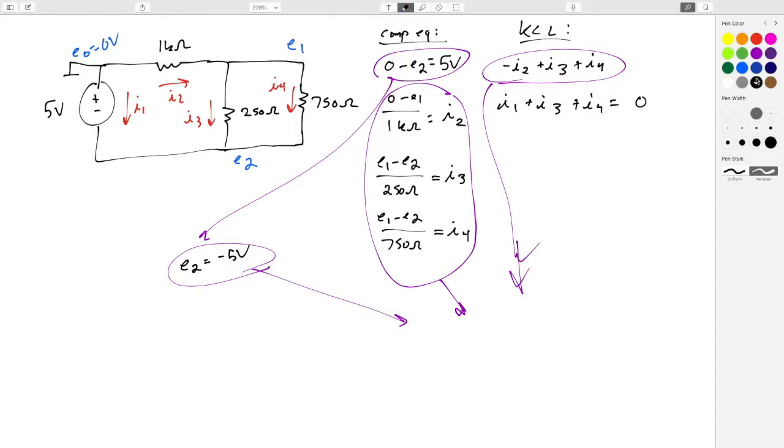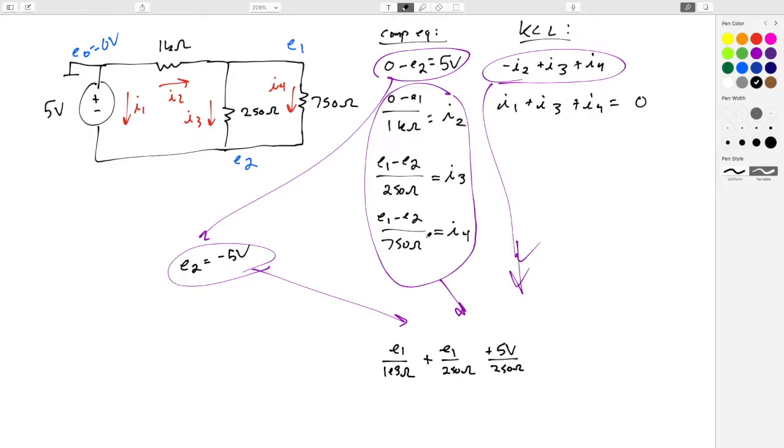So it'll be negative I2, so that's going to be E1 over 1e3 ohms, plus I3. I'm going to break up the denominators again, so plus E1 over 250 ohms minus negative 5, so plus 5 over 250 ohms.